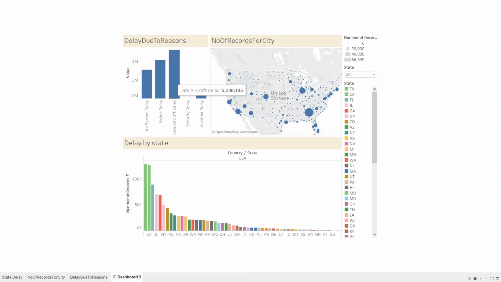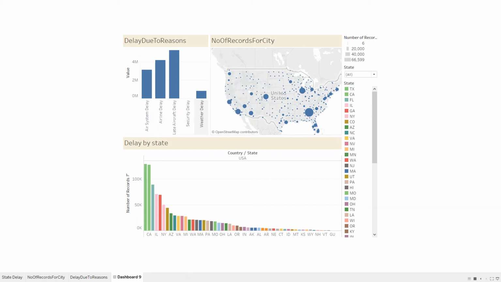So focusing on this chart, delay due to reasons, we can see that on the y-axis we have a value that represents total delay time, and on the x-axis we have different reasons for delay. So we have air system delay, airline delay, late aircraft delay, security delay, weather delay.